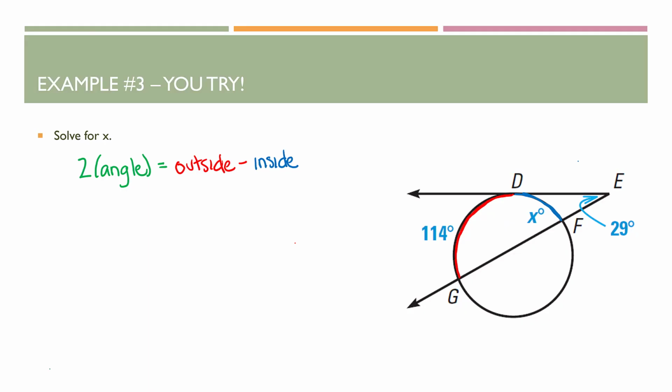So now I'll go ahead and start plugging in the values. 2 times 29 equals outside 114 minus the inside x. 2 times 29 is 58.